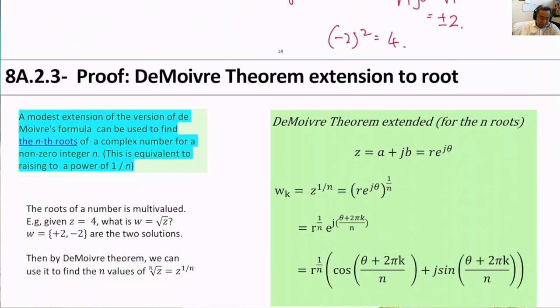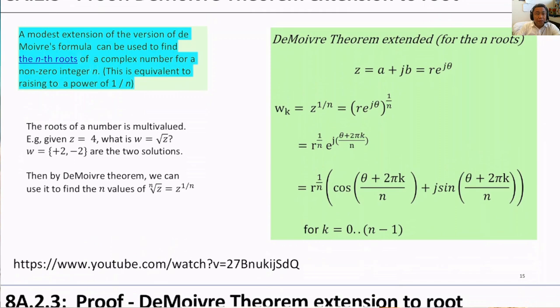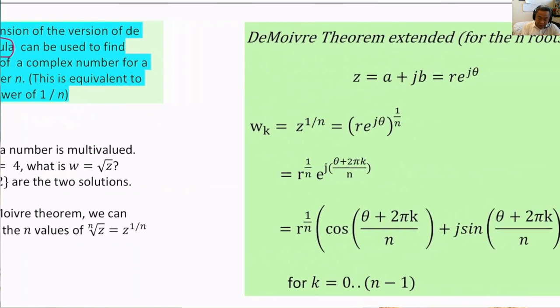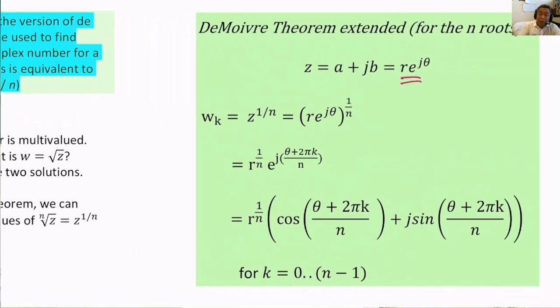Okay, let's begin. The idea of taking the nth root, we again make use of De Moivre's theorem by extending it to find the nth root. So let's retain our expression for z in the polar form, the complex exponential form, r e^(j theta), and we want to take the kth root, or the nth root.